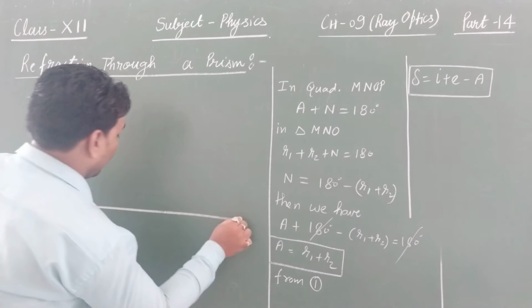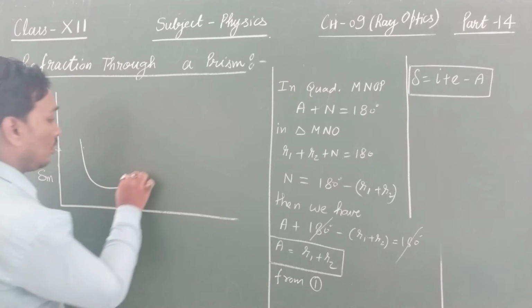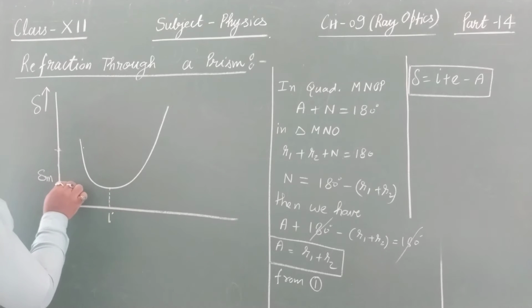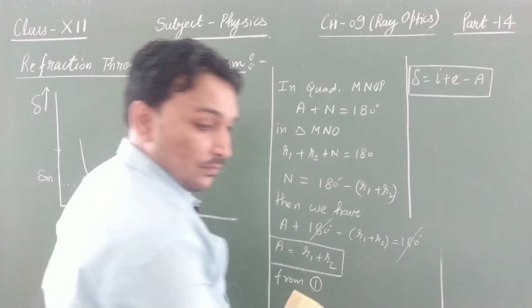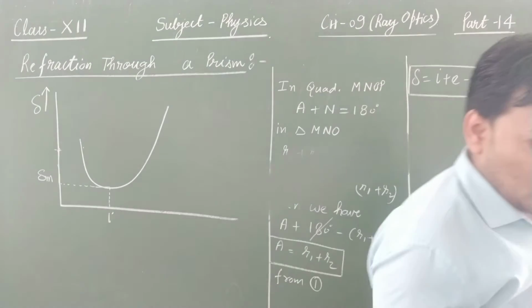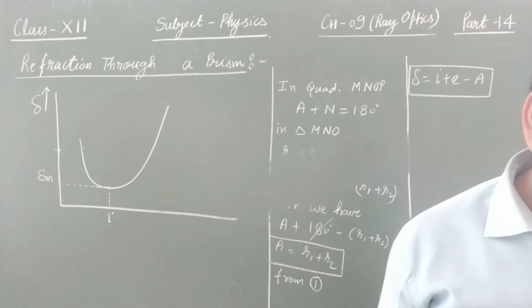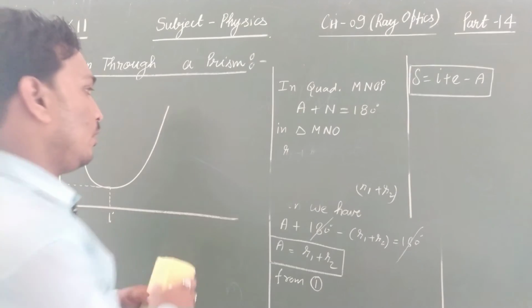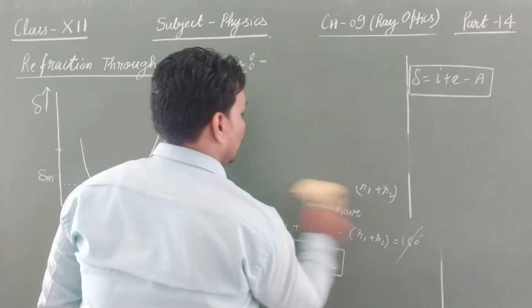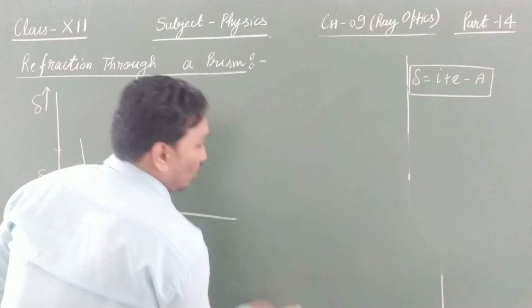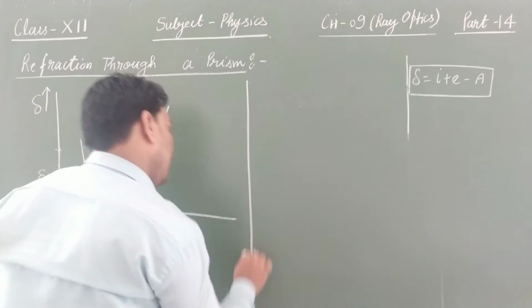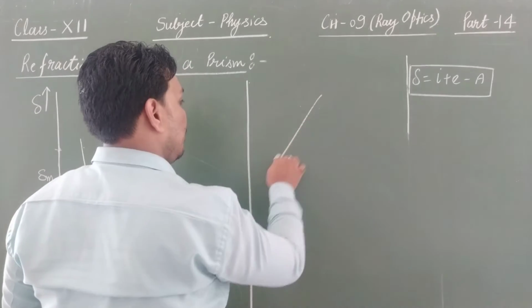Why is it so? How is it happening? Let us try to understand. Say this is your angle of deviation, angle of incidence. For a prism, say this is your prism.